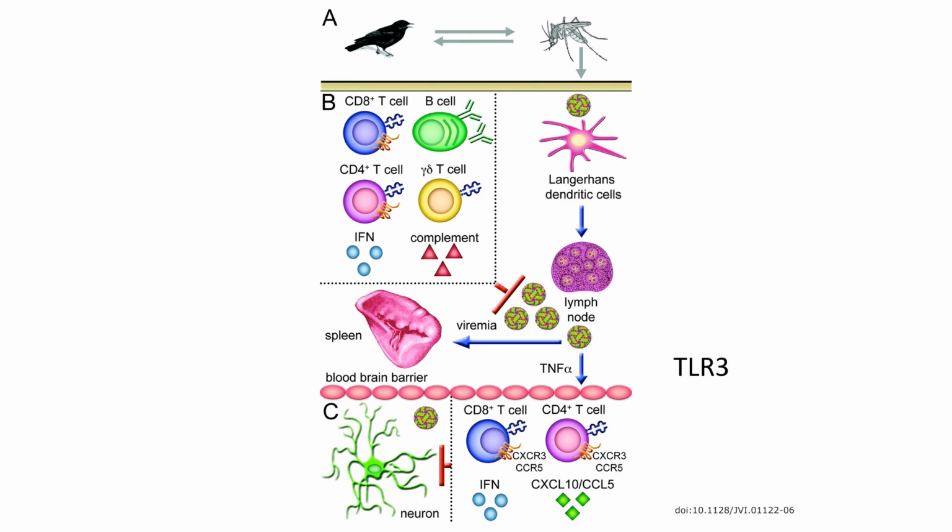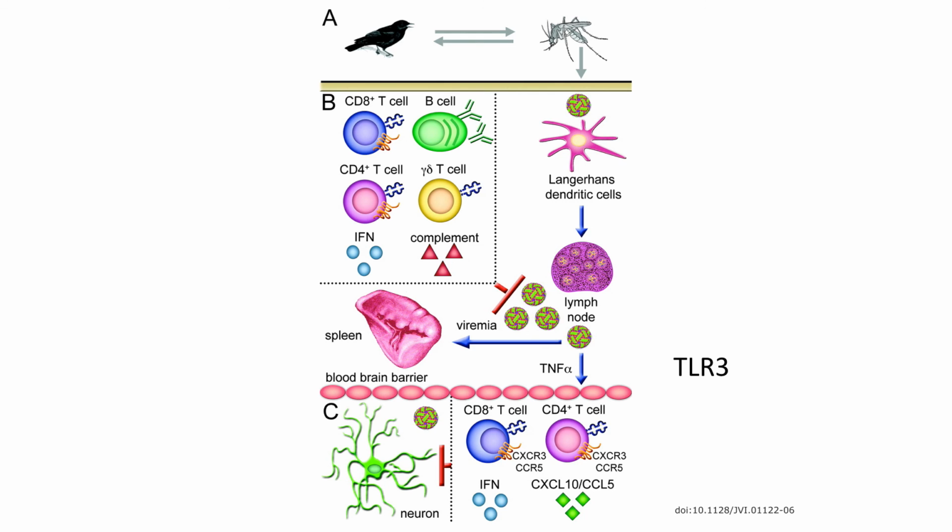But again, as I said, in a small percentage of people, the virus gets into the brain, which is shown at the bottom of the slide, and infects neurons, and that causes the neurological sequelae. As I showed you, I think, 2 lectures ago, we think that sensing of the virus by toll-like receptor 3 causes production of TNF-alpha.